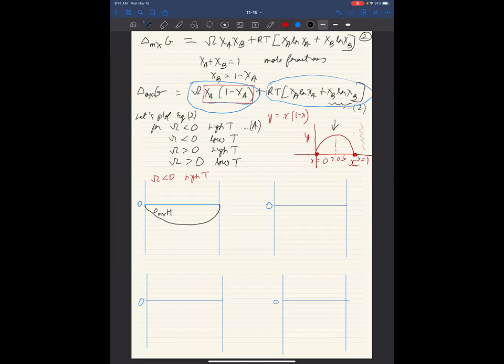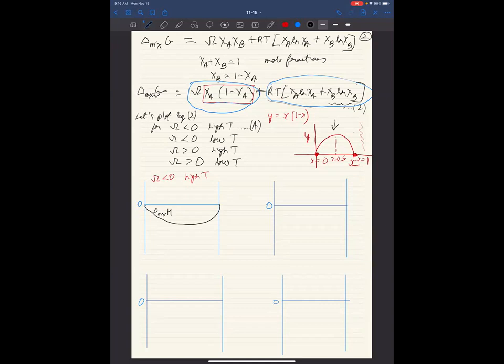Okay. Now, Stella, do you remember how will this second term look like? We know that R is positive, right? It's a gas constant. Temperature is positive. XA is positive, it's a mole fraction. How about log of XA? Negative, because XA is smaller than 1. So the whole thing will be negative. And we did this last time.